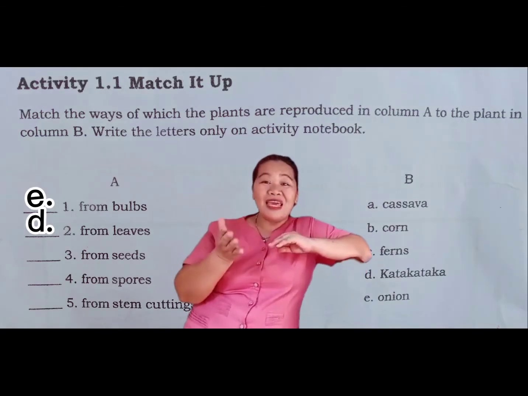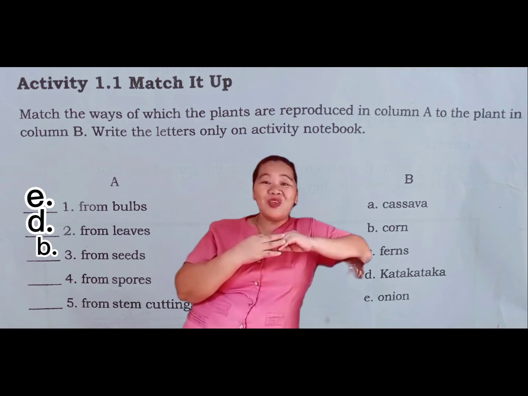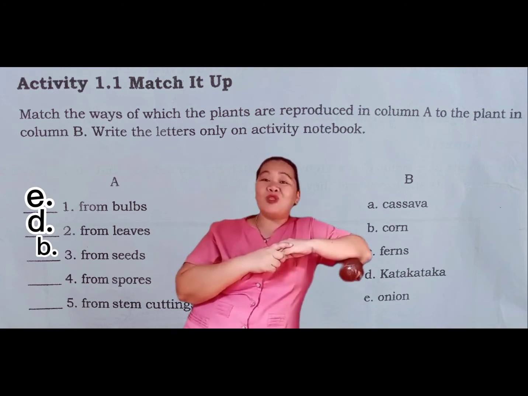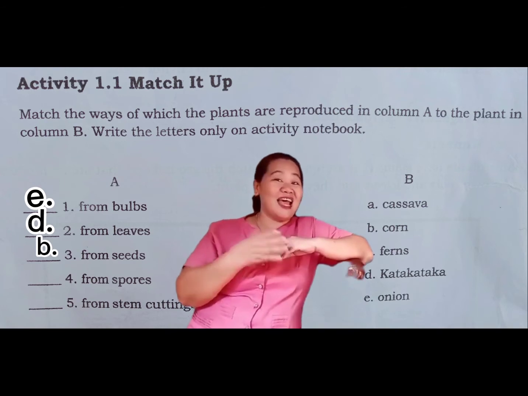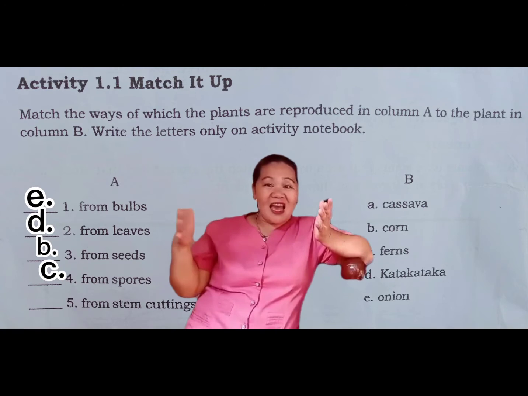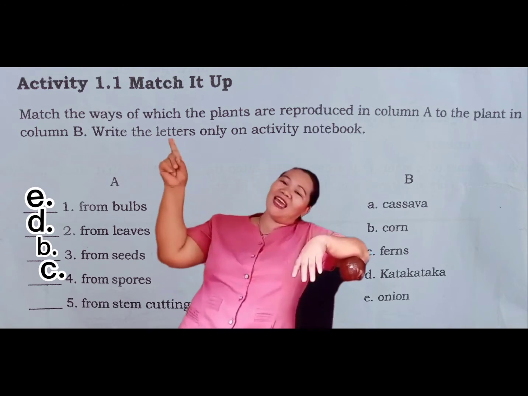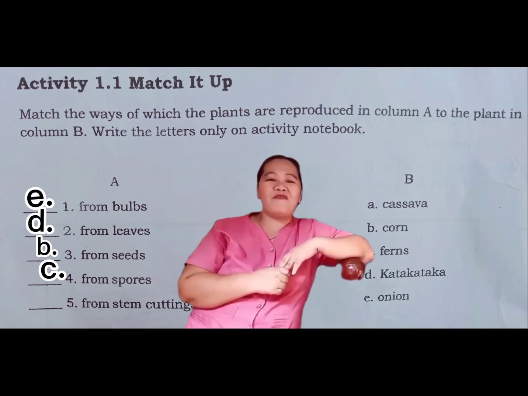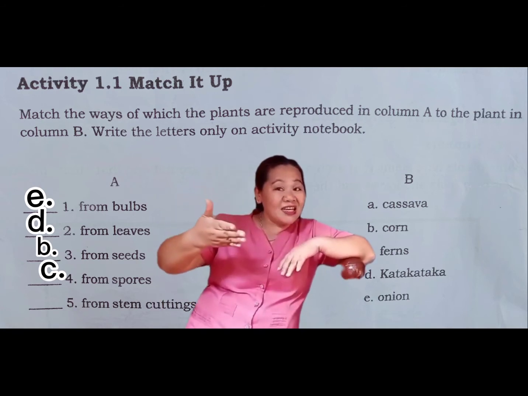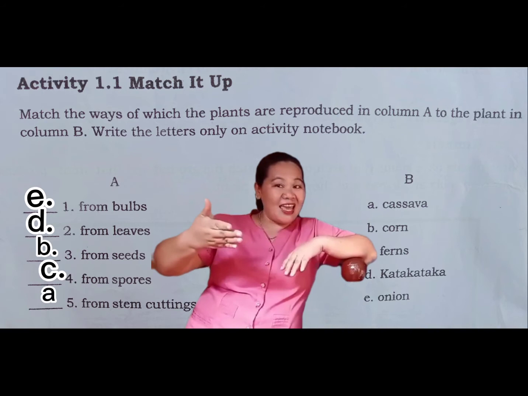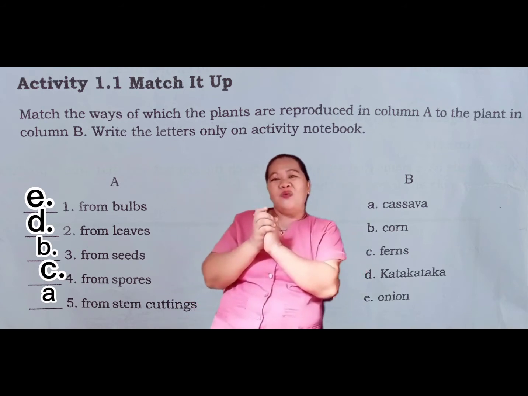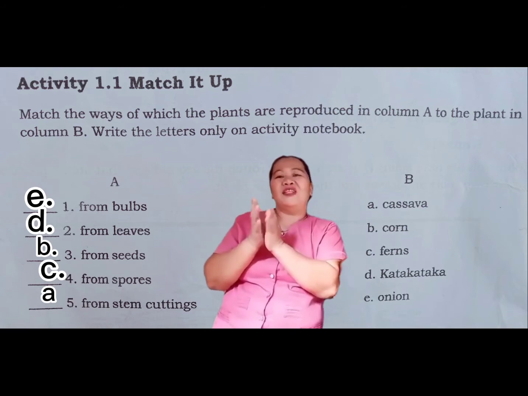Letter B, corn, and you get a check. Number 4, from spores. If you answered letter C, ferns, a very, very big check. And number 5, from stem cuttings. If you answered letter A, cassava, check. Very good, children. You are very, very good.